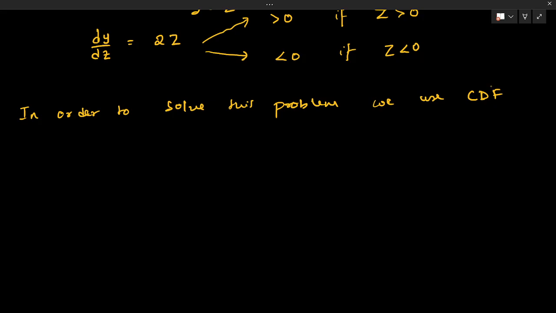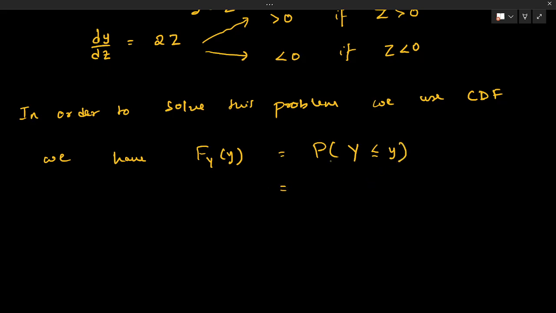CDF, or cumulative distribution function. So what will be the CDF of y? We have F_Y(y), which is nothing but the probability that the random variable Y takes a value less than or equal to small y.